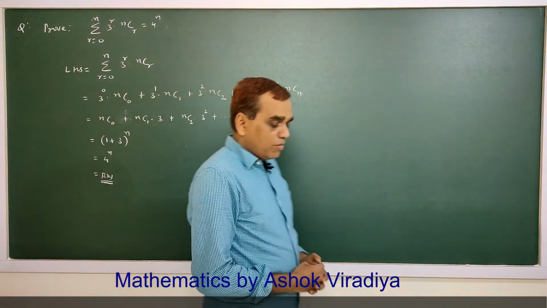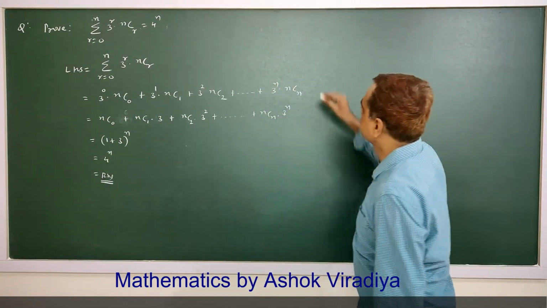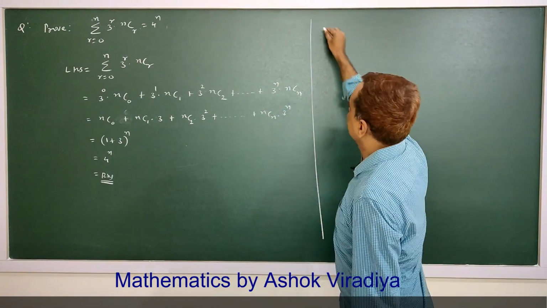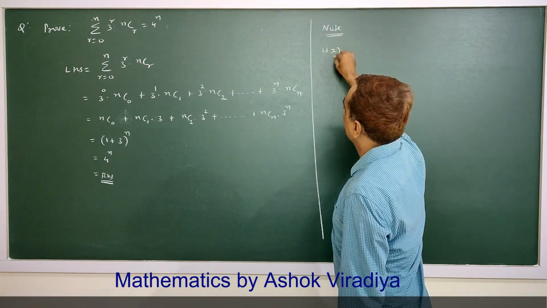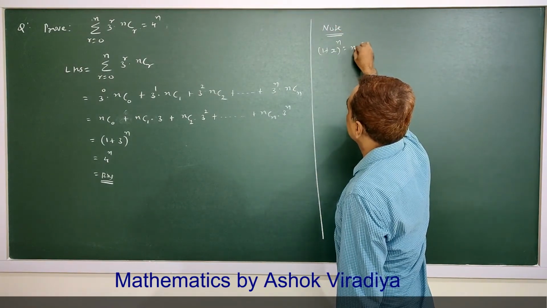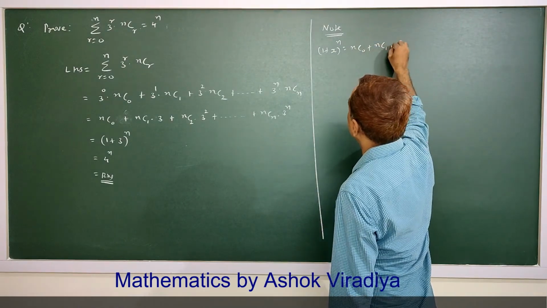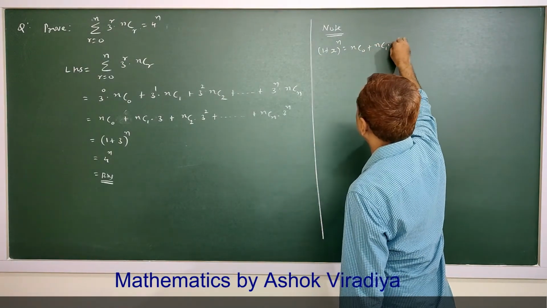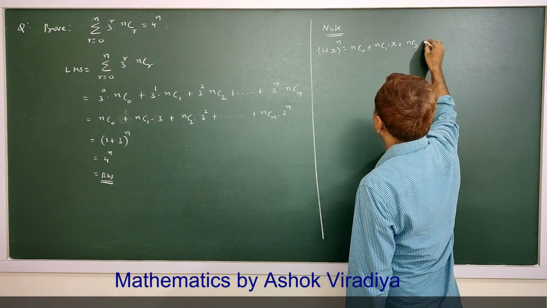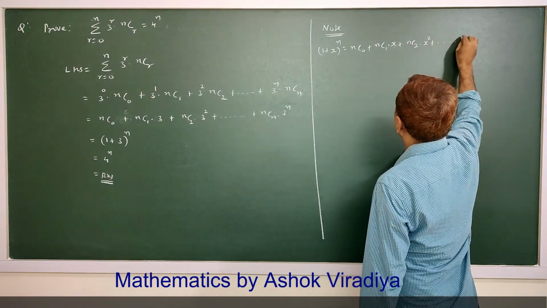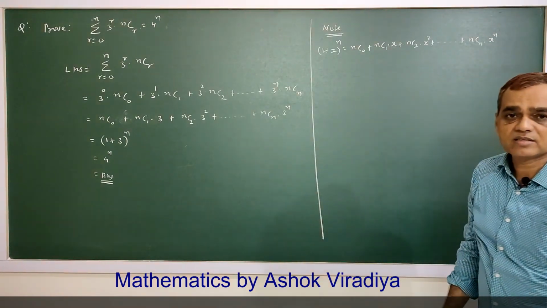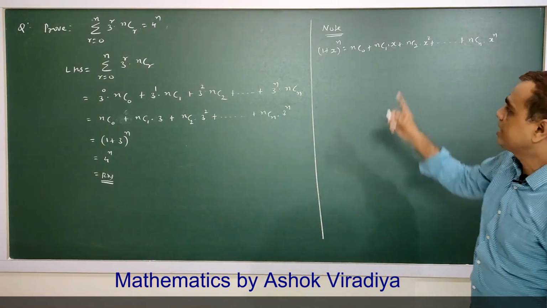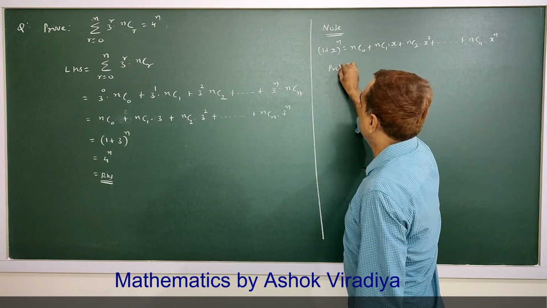Now say in this topic there is a result that we know that (1 plus x) raised to n is nC0 plus nC1 into x plus nC2 into x square plus up to nCn into x raised to n. Now what I do, I keep x equal to 1.